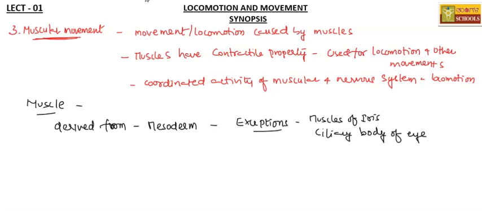We will see later in the coming chapters the detailed structure of the eye, where we will learn what the iris and the ciliary body are. The muscles of the iris and ciliary body of the eye develop from the ectoderm.